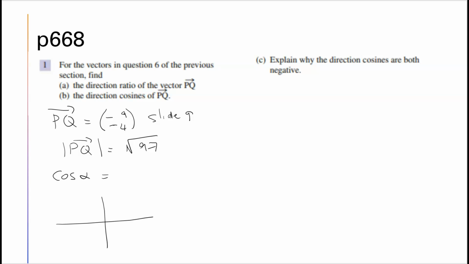So it was -9 in the x direction and -4 in the y direction, so it's there, and that'll be alpha between the x-axis, and beta will be between the y-axis. So the cosine of alpha is going to be -9 over root 97, and the cosine of beta is going to be -4 over root 97.